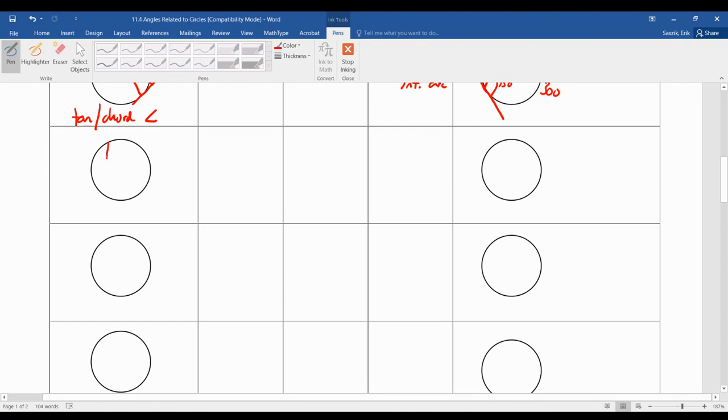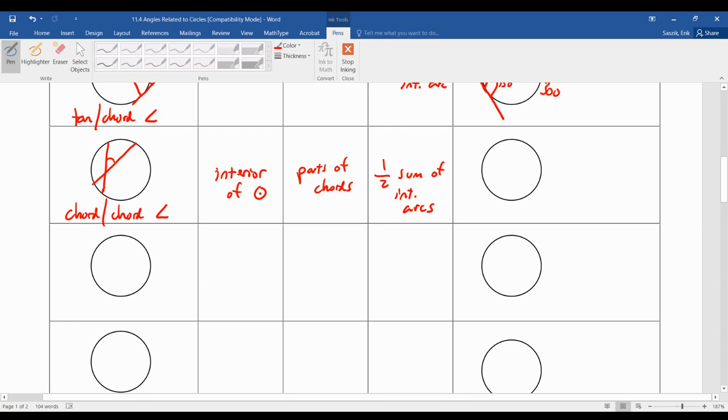Okay, the next one is a chord-chord angle. And so obviously it's made up of two intersecting chords. Now this vertex is in the interior of the circle. And the sides are made up of parts of chords. Now, I'll explain this more in a second, but this angle here is going to be half the sum of the intercepted arcs.